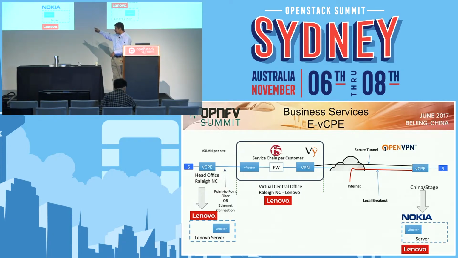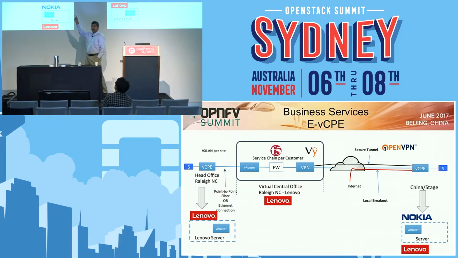So on this particular server, what happened was you boot this server on stage. You provide the connectivity. This is, by the way, a recorded video on the OPNFV website. You can go take a look at it. One of my colleagues does that. He connects it, and the server comes up. It then establishes a VPN tunnel and gets the information from the central office, where we have a policy provision.